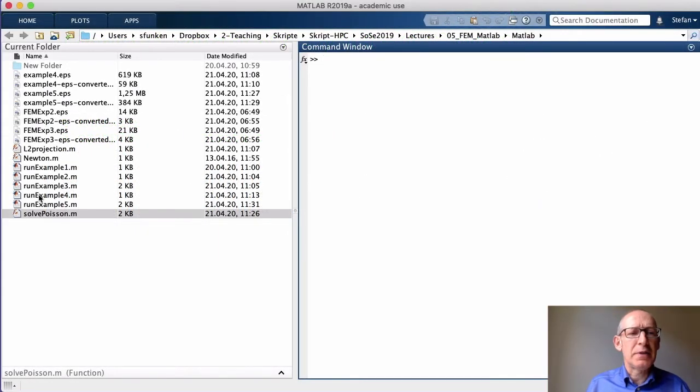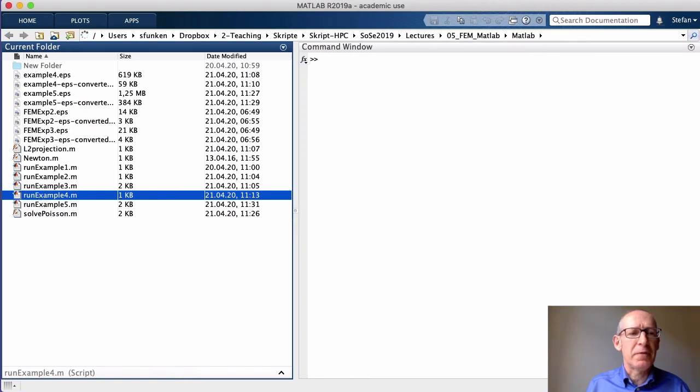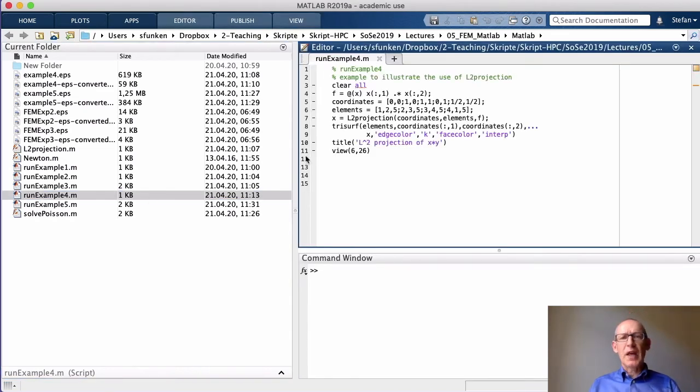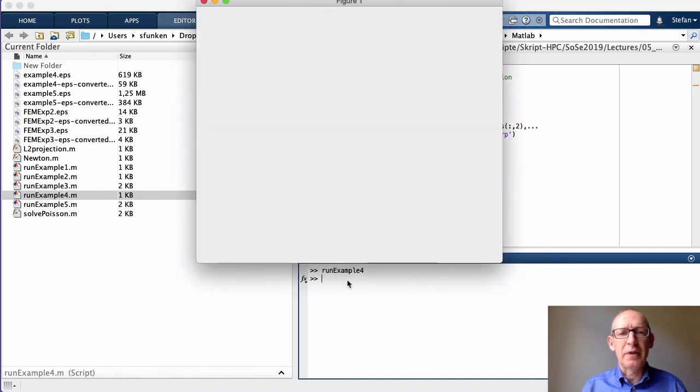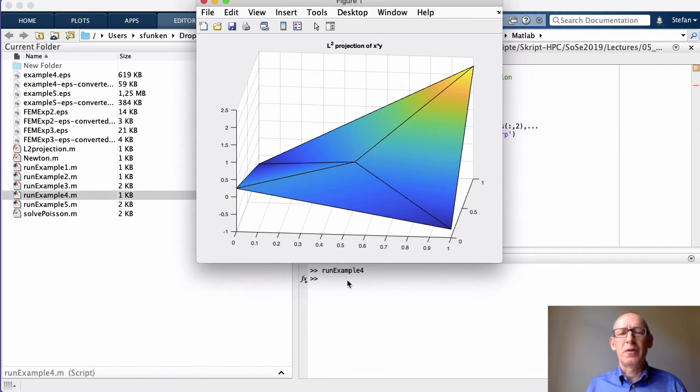Let's do an example. So we have here the L2 projection, the example given in the slides, and if we run this example, for this very coarse triangulation we will end up with this result.